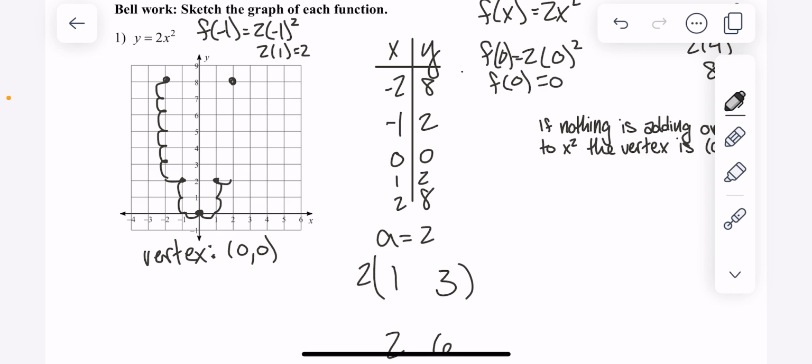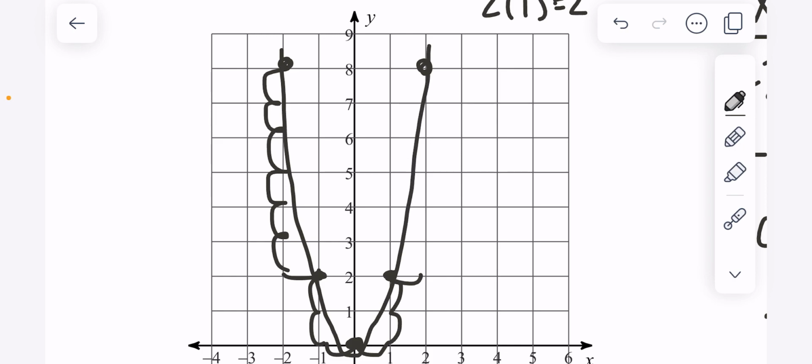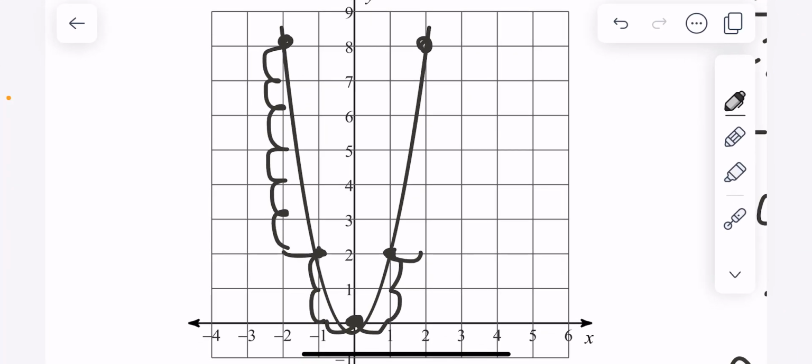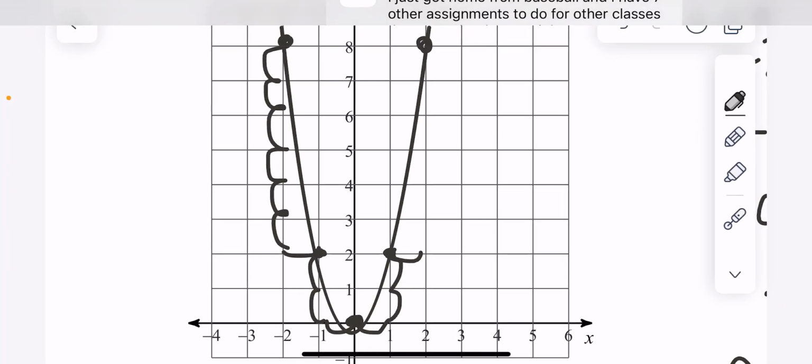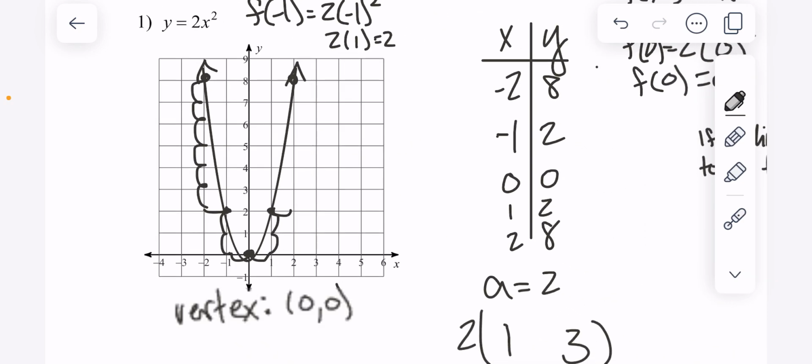I saw on your homework from the other day that some of you were a little bit confused about what the shape of this graph needs to look like. It should look kind of like a U. So here we can see it's the shape of our quadratic. Okay, and it's going to go on forever. All right, and that is all we do.